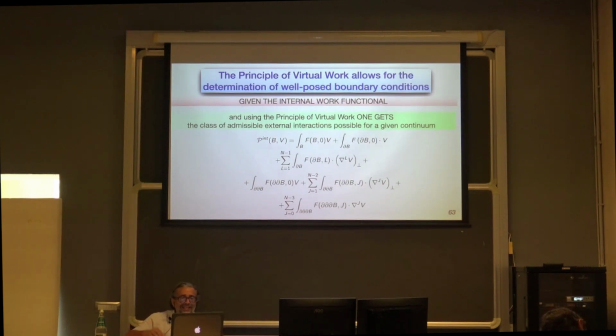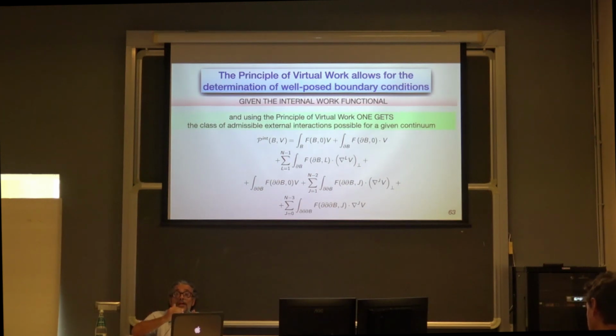Together with standard forces, dual of velocity in power, per unit volume and per unit surface, you have forces per unit line, then you have L forces, dual of the normal gradient of virtual velocities on the faces, J forces on edges, and J forces on wedges.